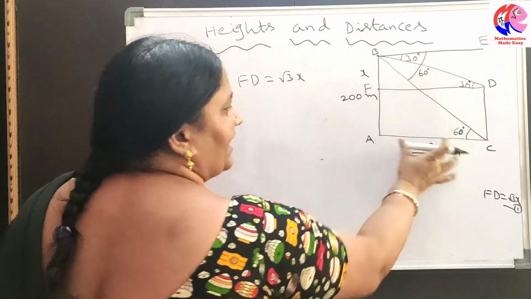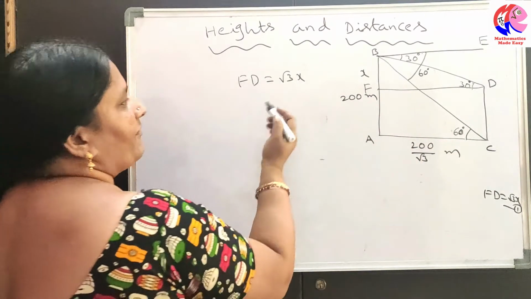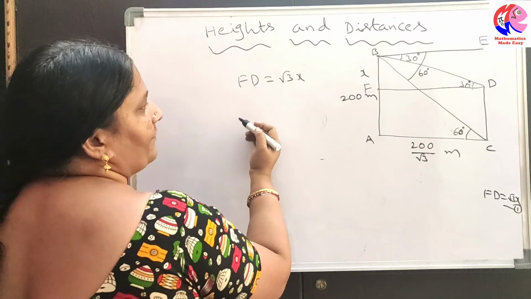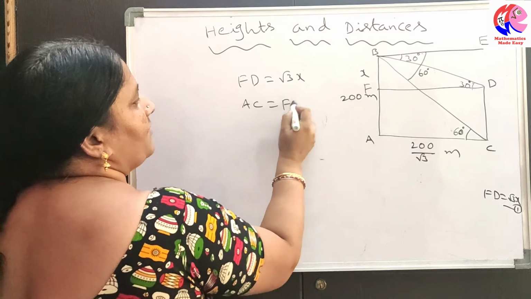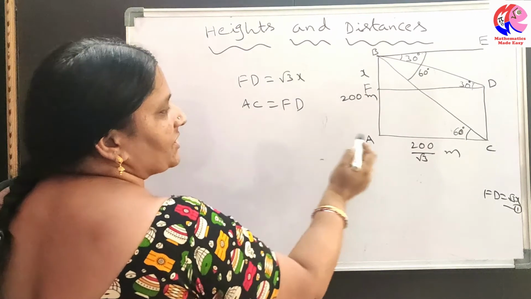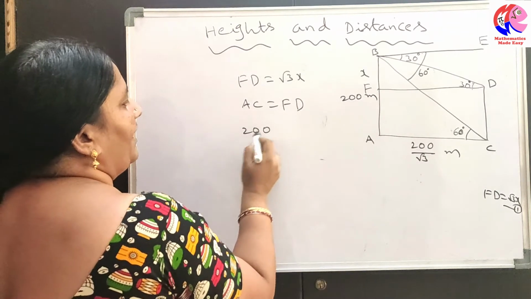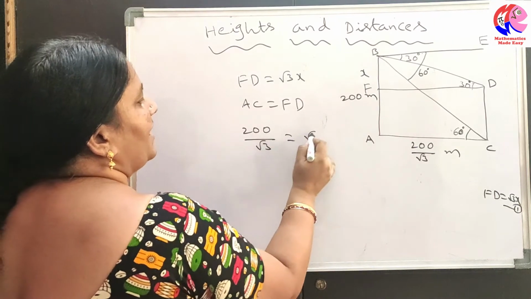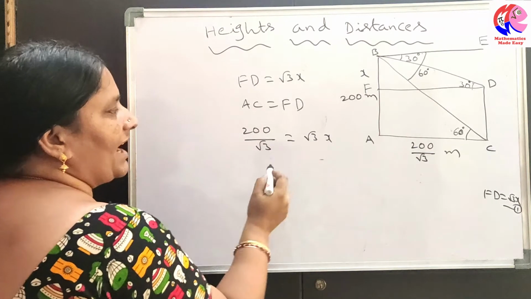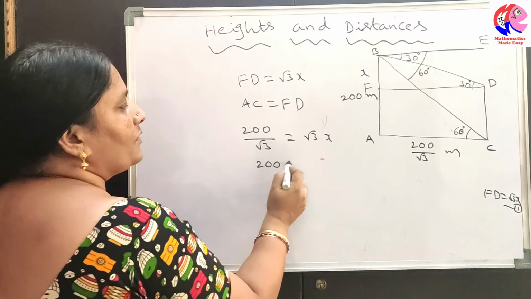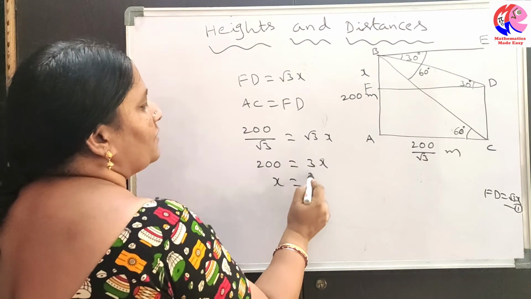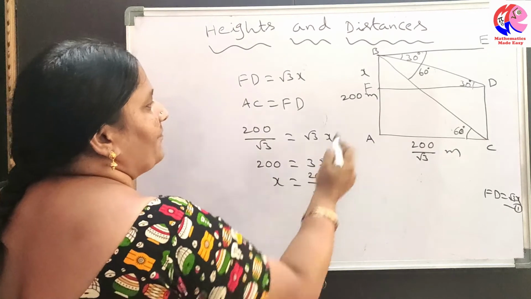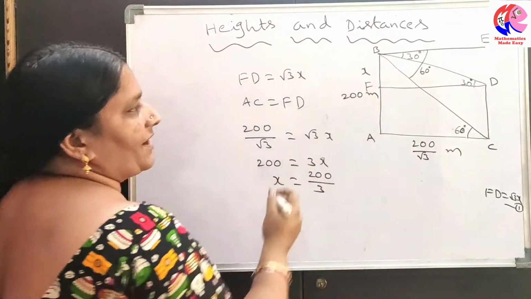We know that FD and AC both are equal. From this we can understand AC is equal to FD. AC measure we got 200 by root 3 is equal to FD, root 3x. Then after cross multiplication 200 is equal to 3x. So x is equal to 200 by 3.